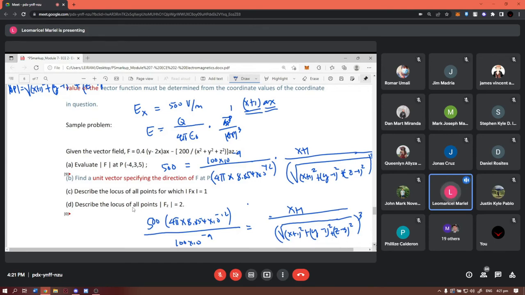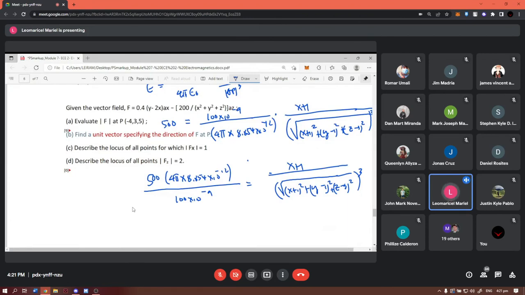Okay? Paki-simplify nyo nga ito. Yung 500 multiplied by 4 pi times 8.854 times 10 to the negative 12, divided by 100 times 10 to the negative 9. Ano yung value na to? Paki-compute. 0.35 po sa akin. How about sa iba?